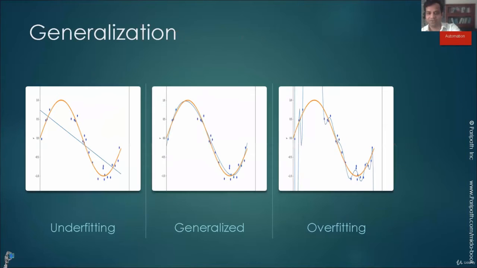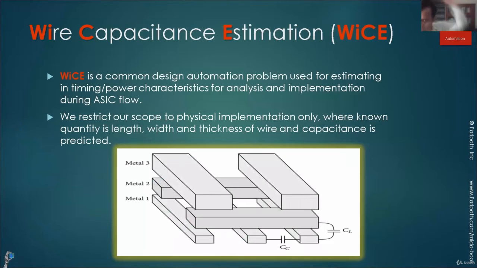Just to give you an idea, go through this exercise, understand wire resistance. We are going to move through wire capacitance estimation much faster. We won't have much time. So look at your wire resistance for the next 2 minutes.